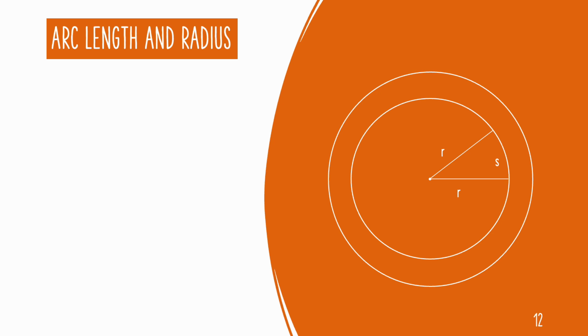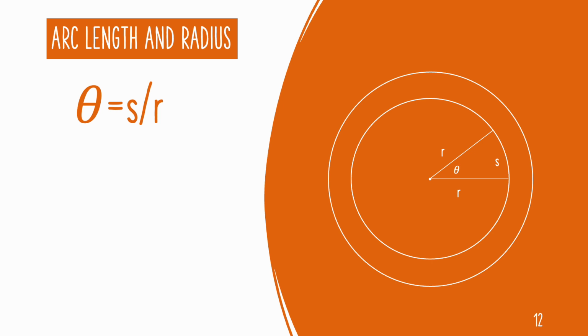Now the angle that this arc length s makes with the center of the circle, let's say it's theta. So what is the relationship between these three variables? It is theta is equal to s divided by r, and we can say the angle of a segment is equal to arc length divided by radius.